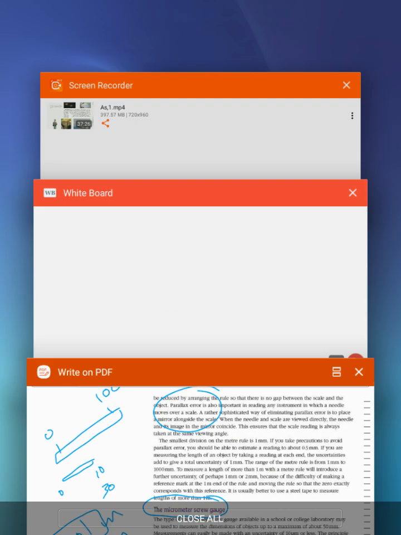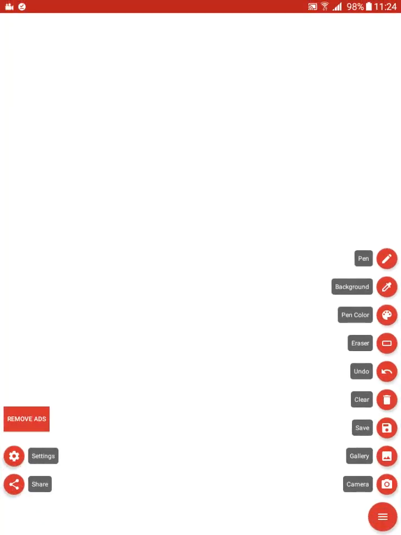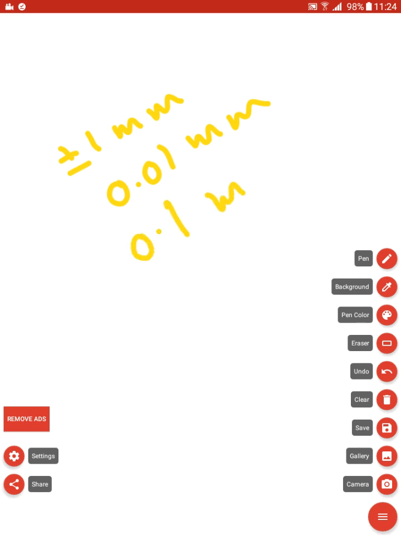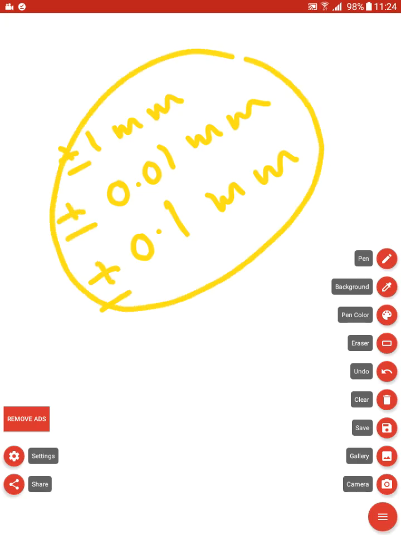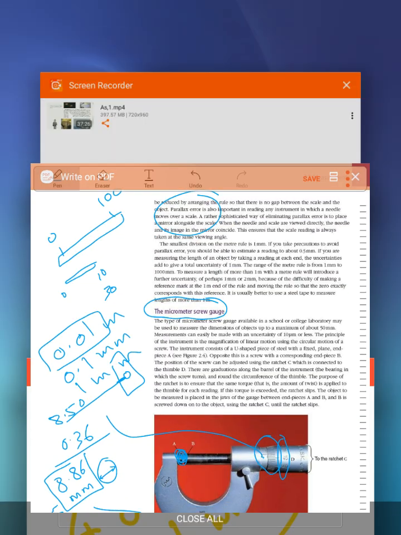Again, in the ruler, the error is plus minus 1 millimeter. In the micrometer, the error is 0.01 millimeter. In the vernier caliper, it is 0.1 millimeter plus minus. This is the absolute error of the values.